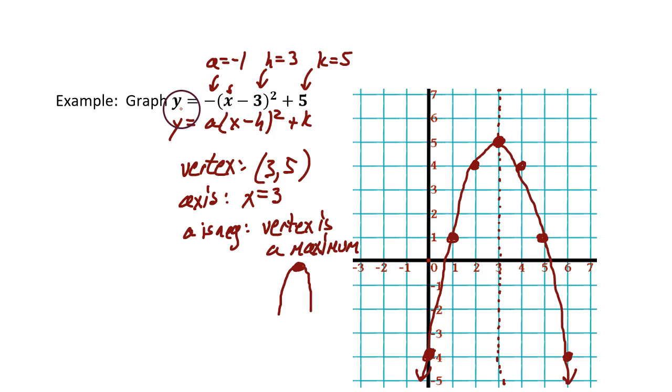I asked myself, what happens to y if from the vertex, x changes by 1 unit? 1 squared is 1, and then times -1 is -1. So when x changes by 1 unit, the y changes by -1. That gets me these 2 dots.